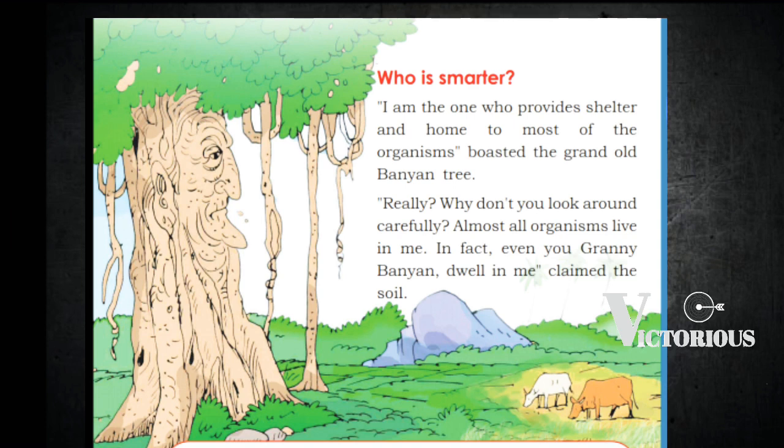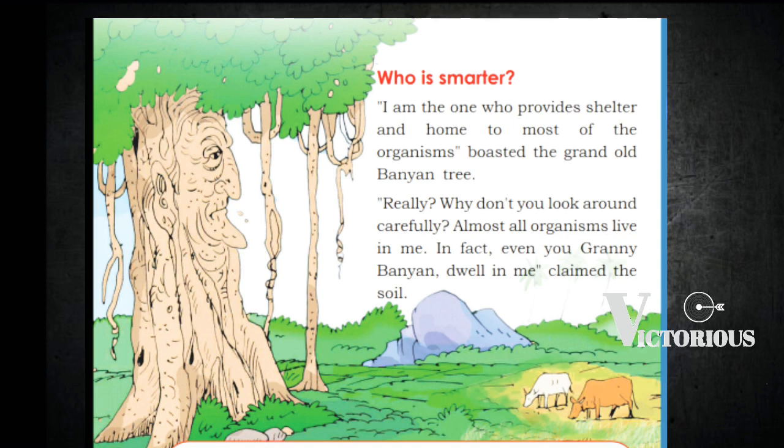Yes, birds, right? Only birds are there in the tree? No, worms. Birds, worms. Yes, some other small plants. Very good, good observation. Yes, a number of things, right?